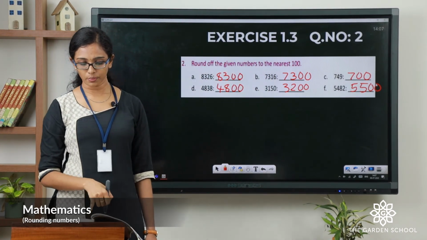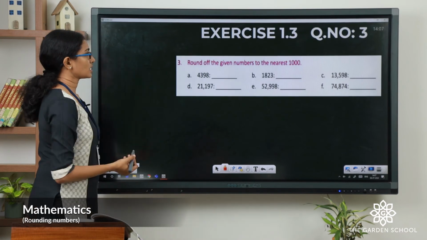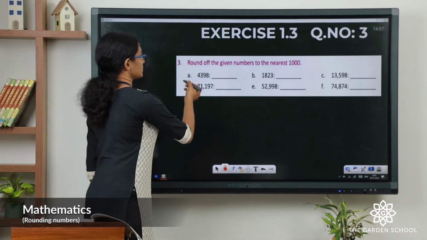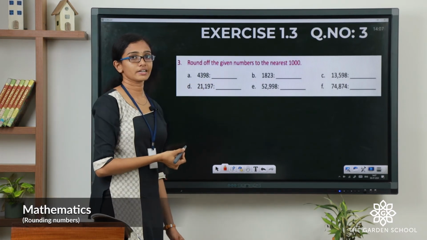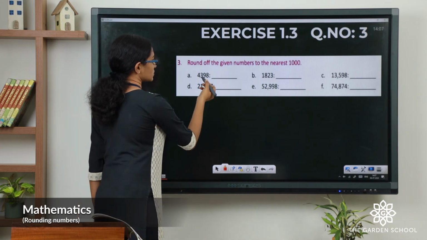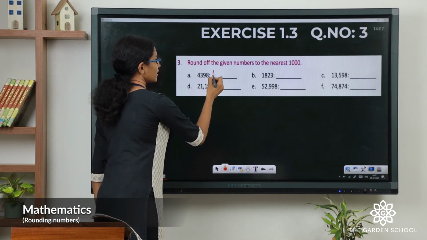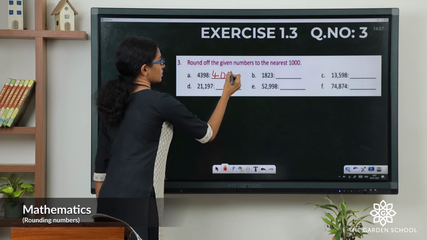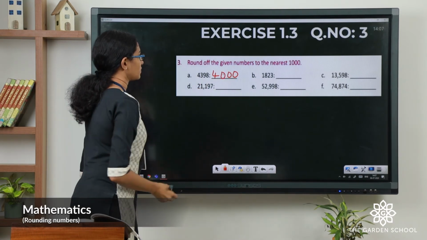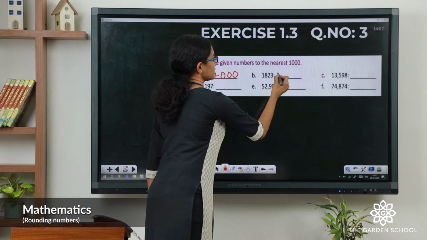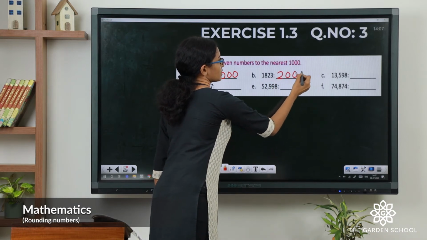Now let's check the third one. Rounding off to the nearest 1000. So we have to check the digit in the hundreds place here. So it is 3 in the first number, which is less than 5. So all the other digits will be zeros. First digit remains the same. In this case, it will be 2000.